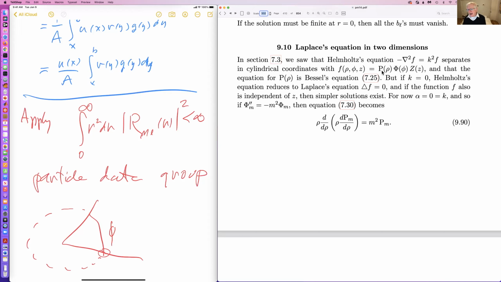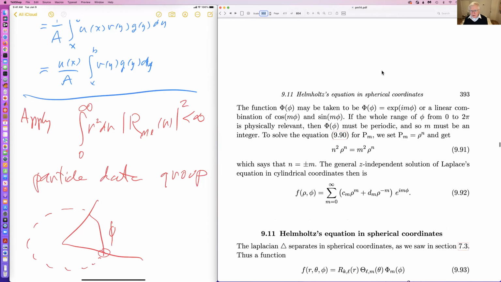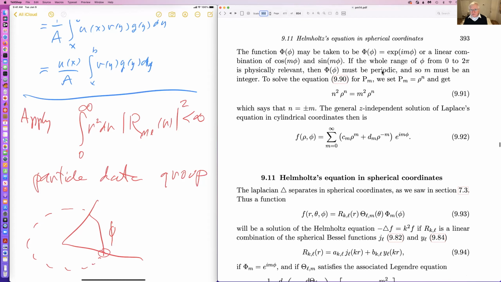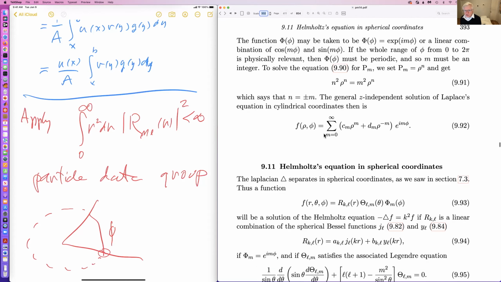This was actually a capital rho. That's the way I was thinking of it, rather than a P. Anyway, what we get is n is equal to plus or minus m, and so we get this expression in cylindrical coordinates.